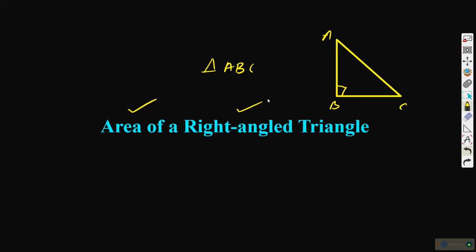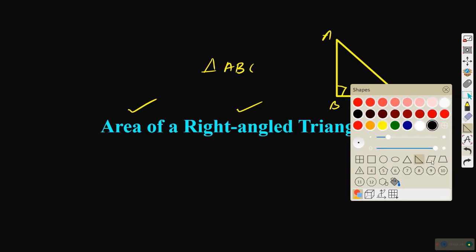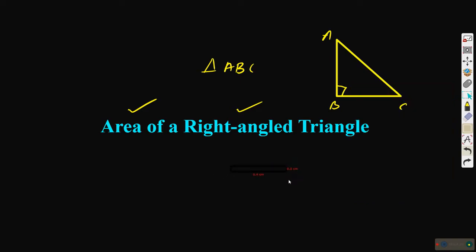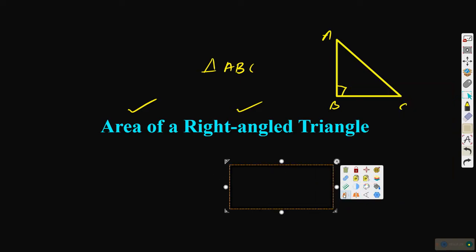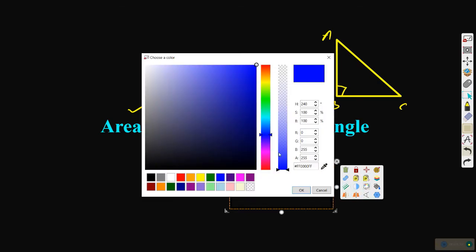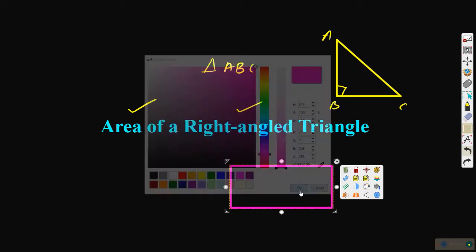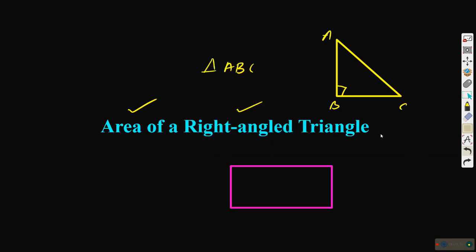In order to find the area of a right angled triangle, we need to start from a rectangle. You studied it in detail in the last session, right? There you found how to calculate the perimeter of a rectangle and also the area of a rectangle.